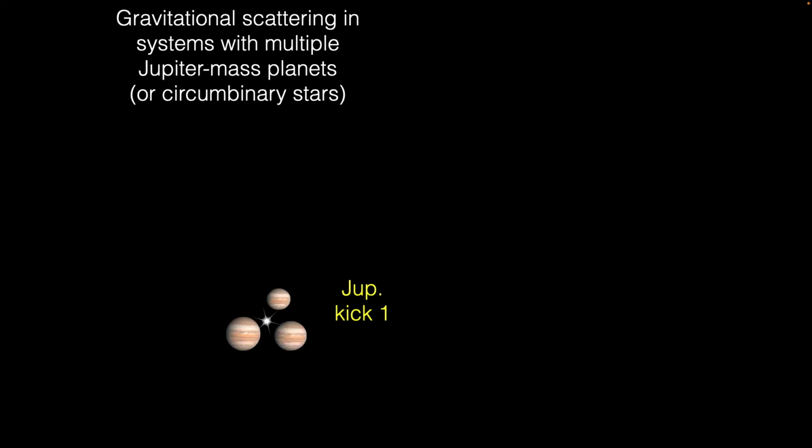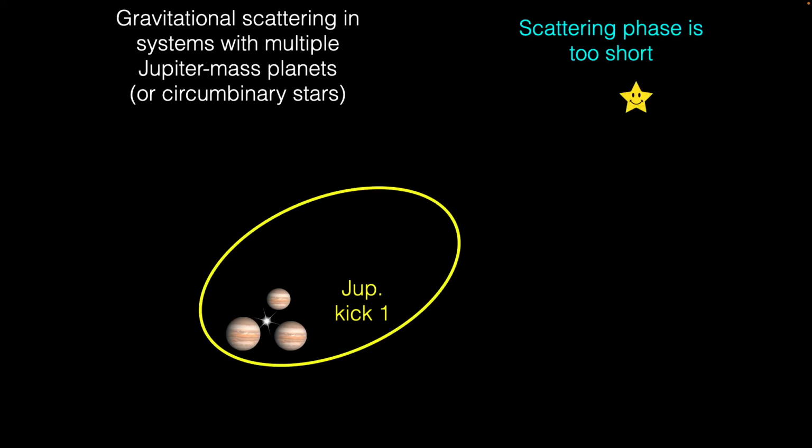But if the same process happens in systems with many Jupiters, or the same applies to circumbinary systems, basically the kicks are too strong. And so after kick number 2, the planet's gone. And so there's no time. There's not a long enough time window for there to be a significant probability of a star passing by to do that.